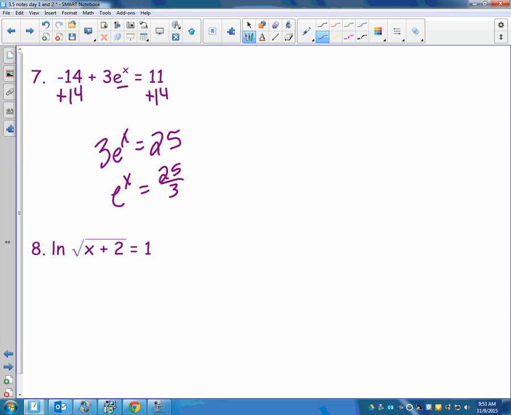And if I see e, the inverse of e is ln. And so just like you can e both sides, you can ln both sides, because the ln of e cancels out. And my exact answer here would be ln of 25 thirds.